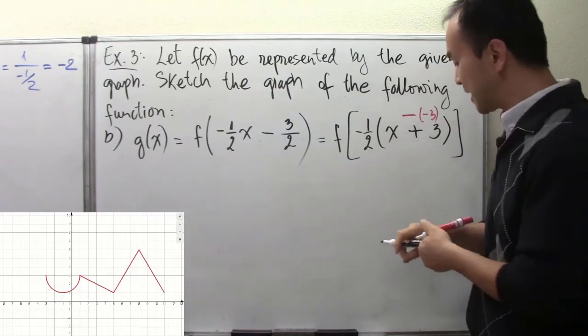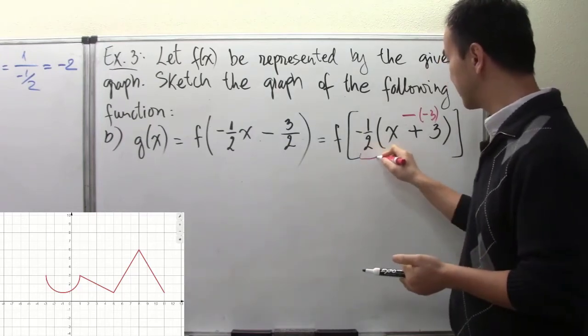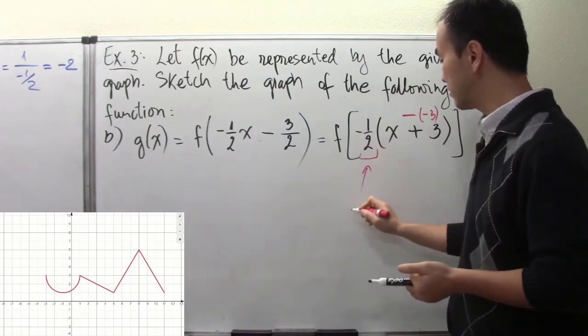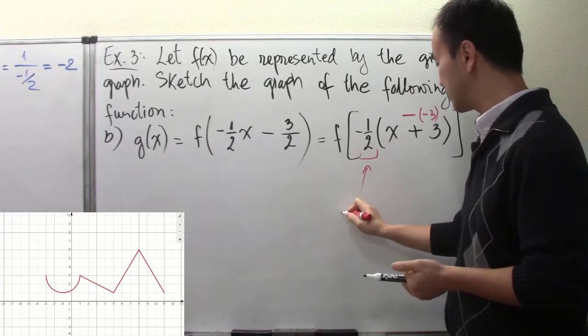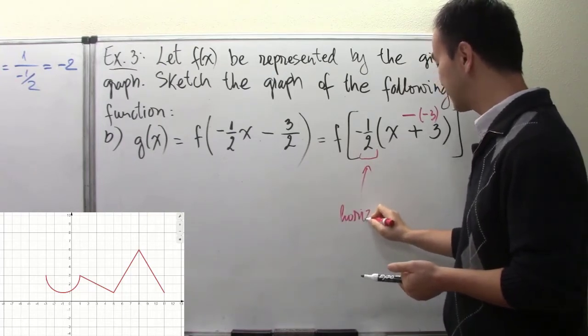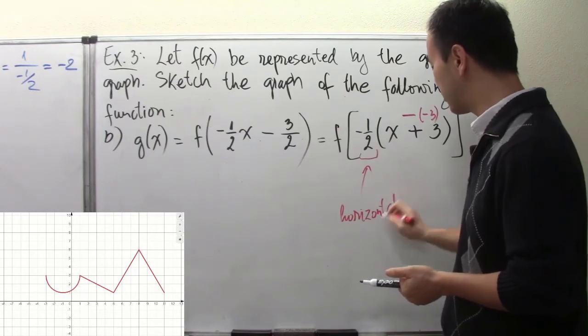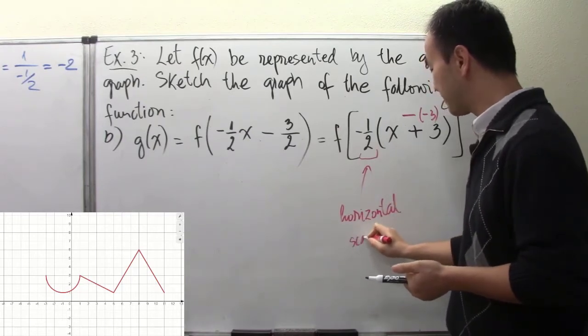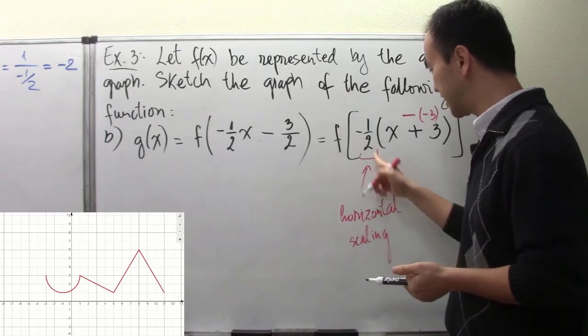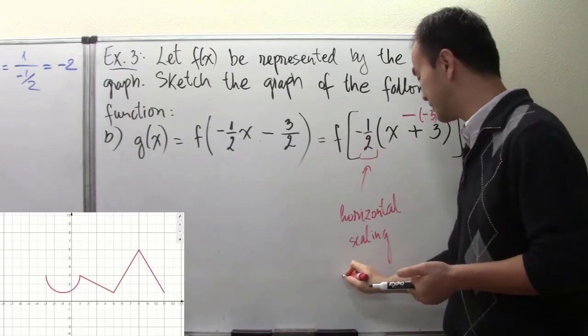So at this point I'm pointing out there's this value that's responsible for horizontal scaling. Okay, we're gonna run into some horizontal scaling, and expectedly flipped as well.